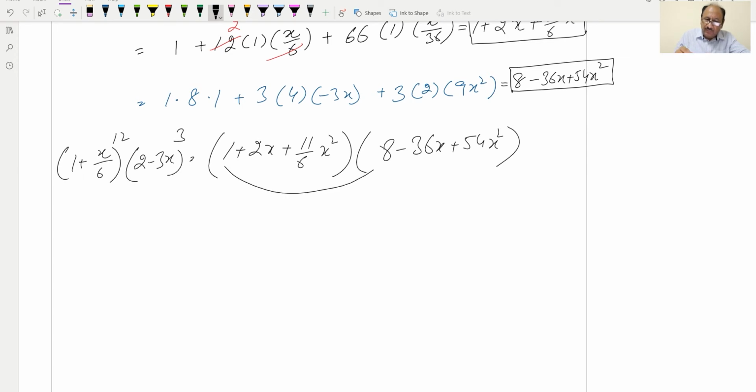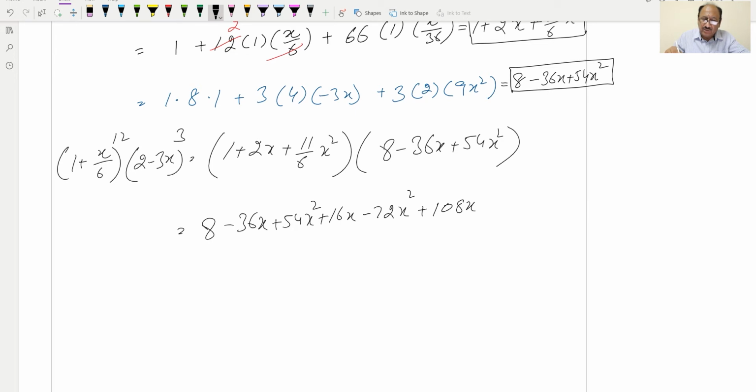So 1 will be multiplied by 8 and we will get 8, then 1 multiplied by 36 we can write minus 36x, then 1 multiplied by 54x square will be plus 54x square, then 2x multiplied by 8 will be plus 16x, then 2x multiplied by 36 will be minus 72x square, and 2x multiplied by 54x square will be plus 108x cube.